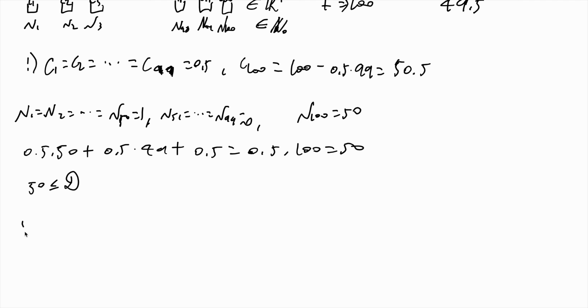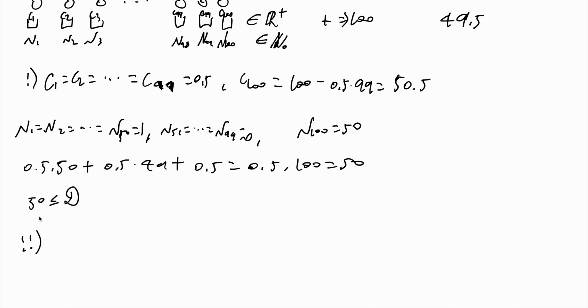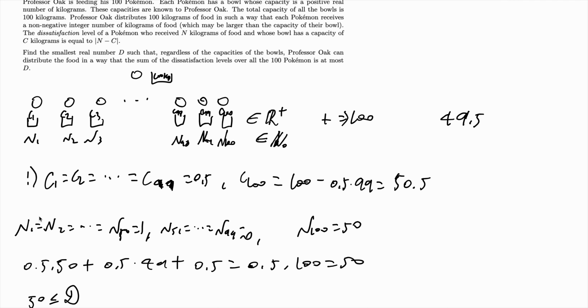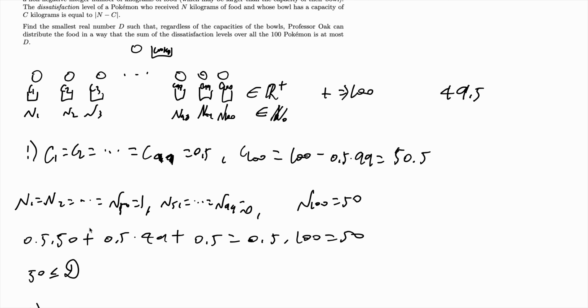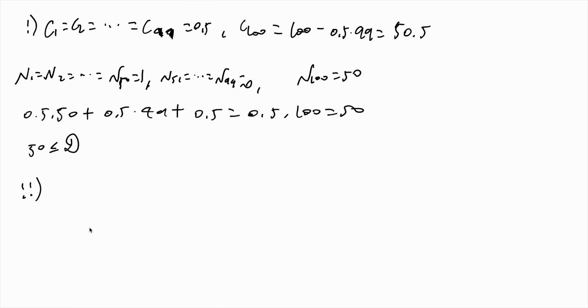Now let's consider the second case, where this time Professor Oak decides to distribute in a smart way. We know that as C sub i is a real number, it has an integer part and a fraction part.